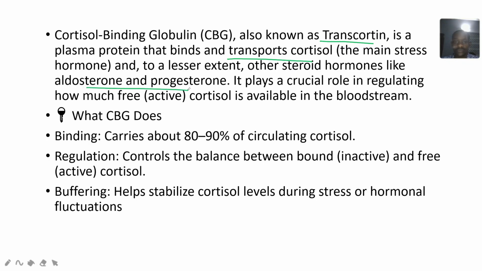Of course, it has to carry cortisol to the place of action. Do you understand? So it carries about 80 to 90% of cortisol that is in the blood to get to the site of action. So it controls the balance between inactive cortisol and active cortisol.